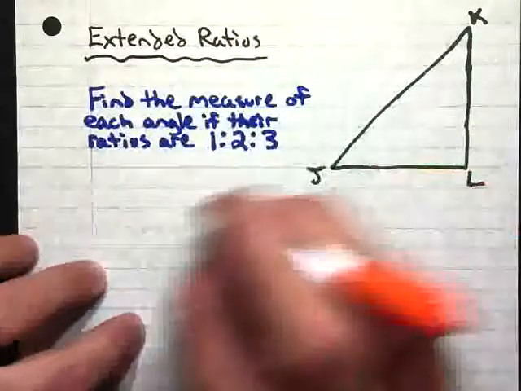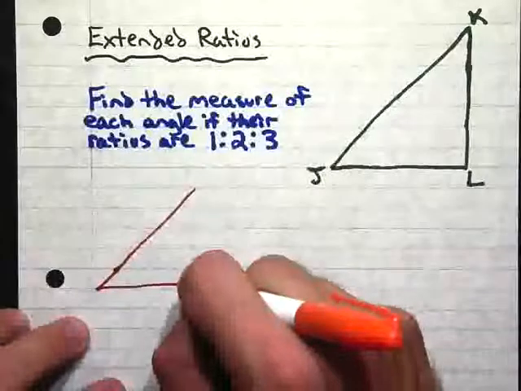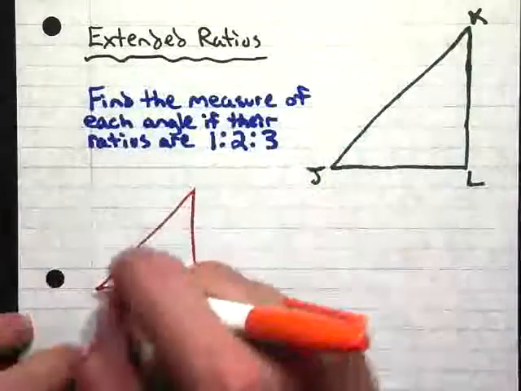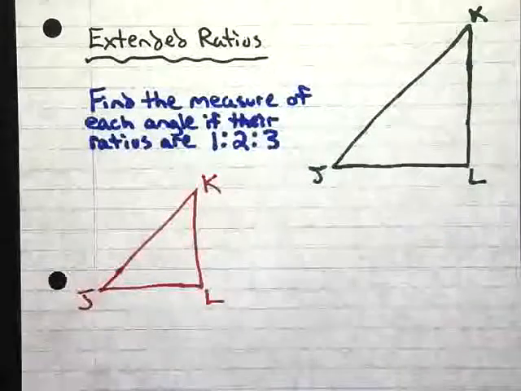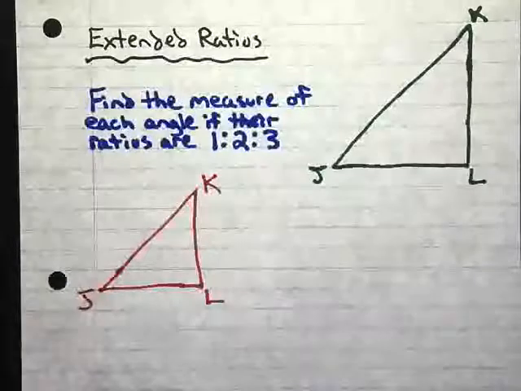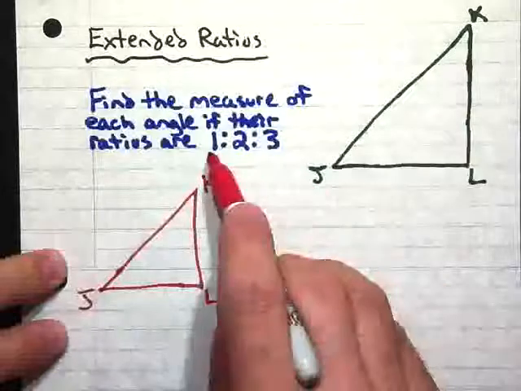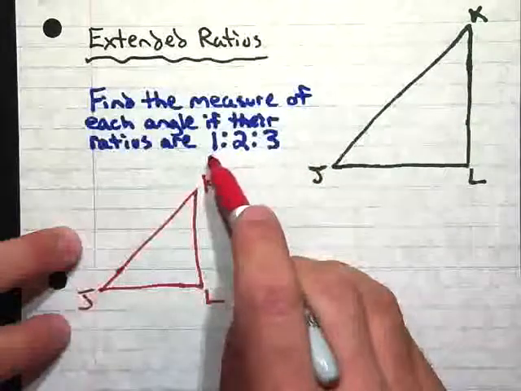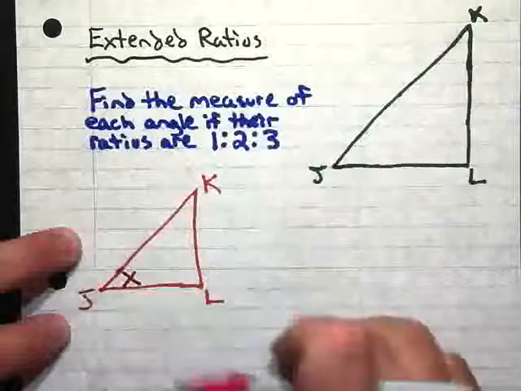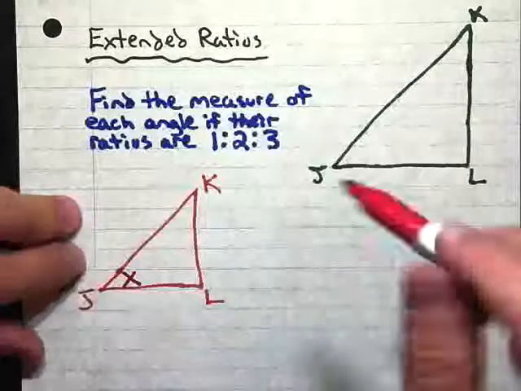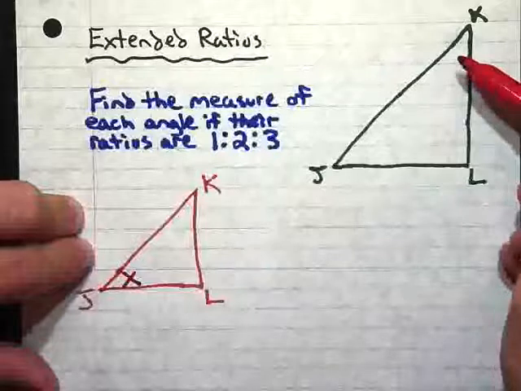So I'm going to redraw my triangle here. Here's J, here's L, here's K. I'm going to make angle J, since it's my smallest angle, use the 1 in my ratio since that's the smallest number, so I'm going to make this 1x.